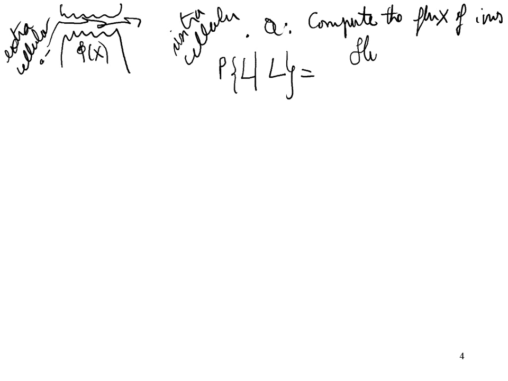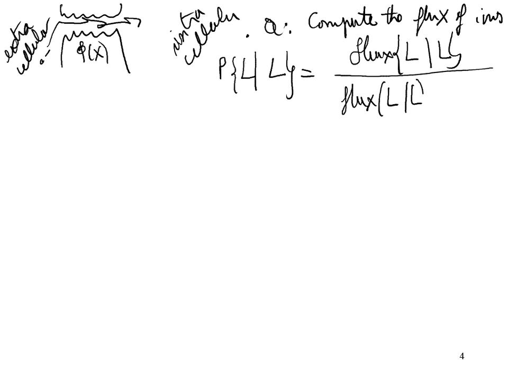Let's call the flux when a particle started on the left and arrives on the left, normalized by the flux when the particle started on the left and ends on the left, plus the flux when the particle starts on the left and ends on the right. And the flux can be calculated using the J that I've written in the previous slides. Again, if you are interested in a specific calculation, you can see the reference, Journal of Chemical Physics 1995, of Eisenberg.